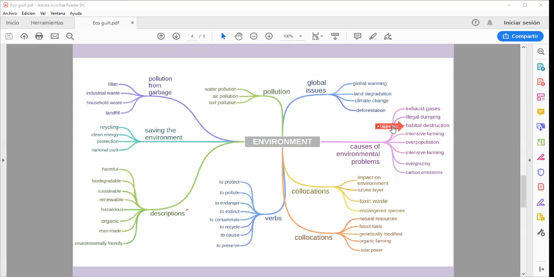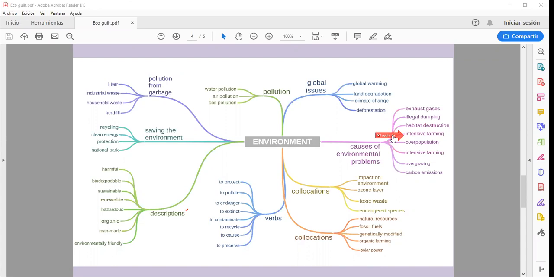Excellent. And what about intensive farming? What is it? Intensive farming is when there are not farms, but factories, so they consume a lot of resources.